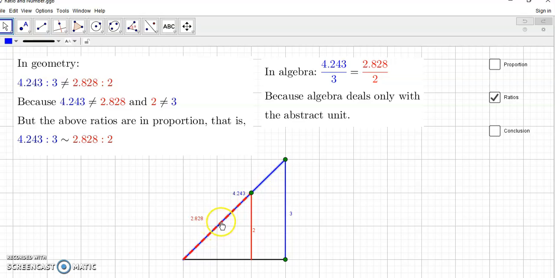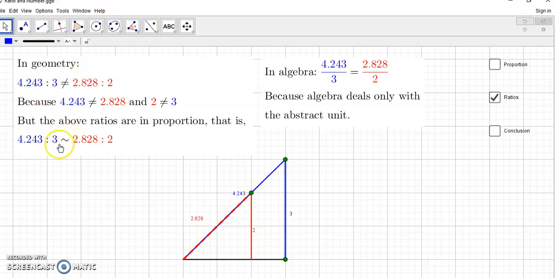So they're not equal, and neither is this length here equal to this length, which are the consequents, 2 and 3 and 2. So neither the antecedents, the 4.243 and the 2.828, nor the consequents are equal in geometry. But they are in proportion.